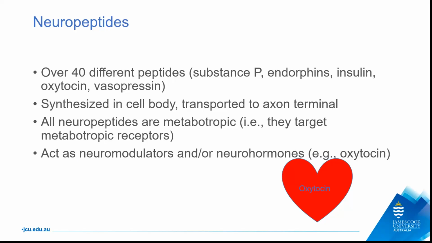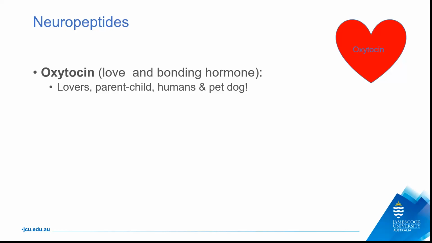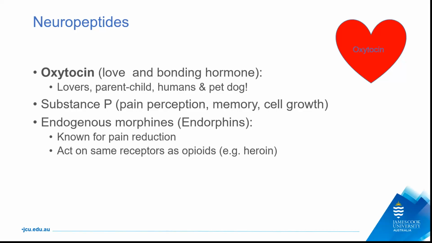So neuropeptide oxytocin, love and bonding hormone. For lovers, for parents, for mothers giving birth, oxytocin is always secreted because it makes you feel good. And there's substance P for pain perception, memory, cell growth. This really is for everybody's knowledge. And we also have endogenous morphines. Once we truncate it, we call them endorphins.